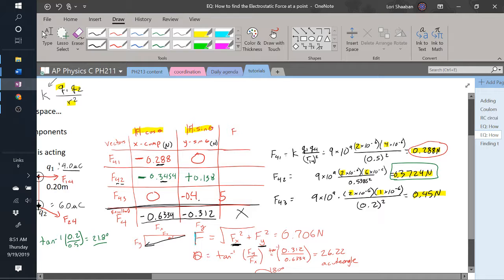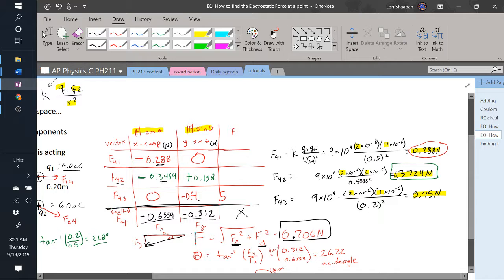I square each of those, just like the Pythagorean theorem again, and I'm going to get a force of 0.706 newtons. You can see my force vector is acting to the left and down, at an angle of about 26 degrees, but that is the acute angle.